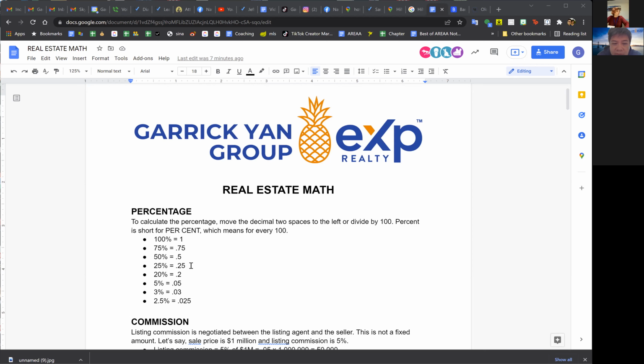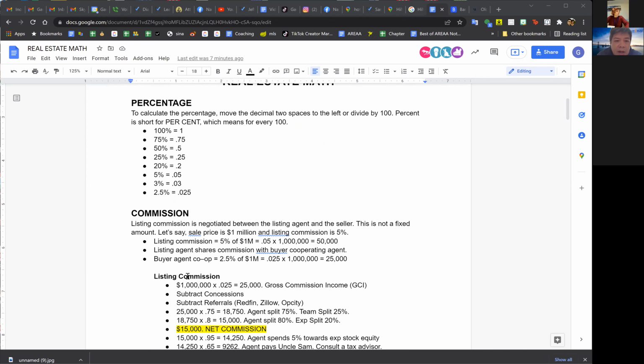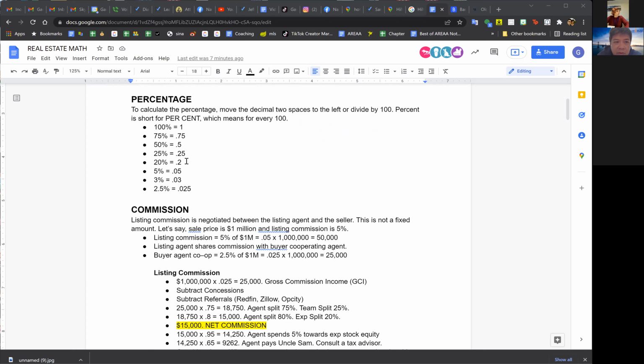So if you've got a 75% loan, that means you're bringing a 25% down payment. If you're bringing a 20% down payment, that means your loan is 80%. Those things need to add up to a whole 100%. Working on percentages is the foundation to understanding these numbers.